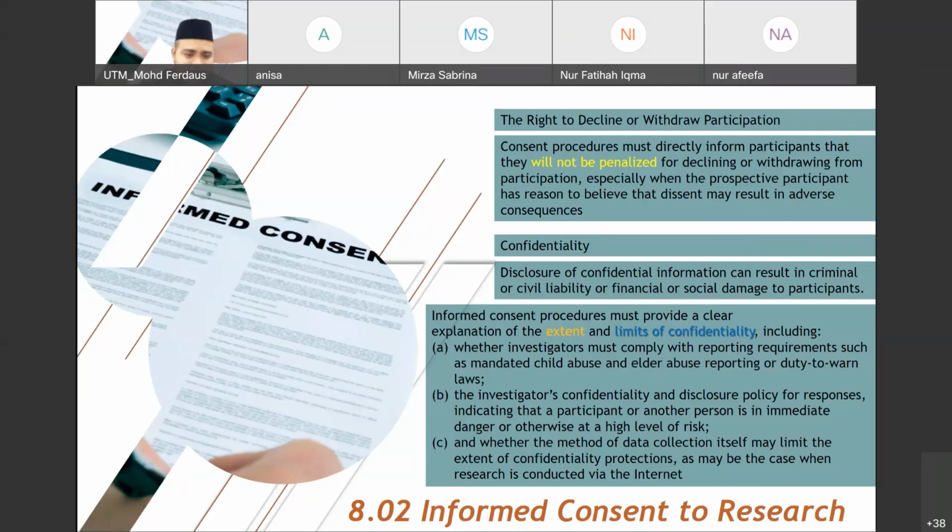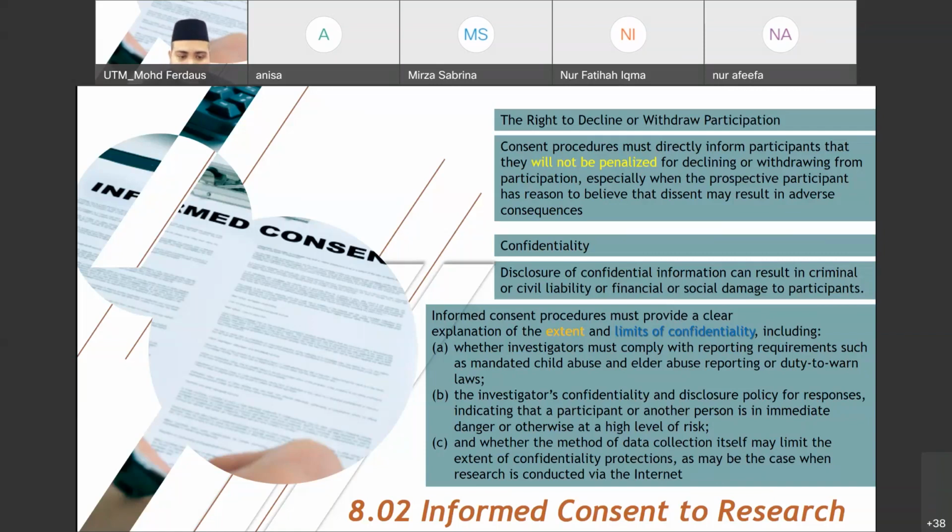In our informed consent exercise or informed consent form, we need to inform them that if they are not willing to answer or get involved in the research, they are not going to be penalized, especially if the person who asks has the authority.